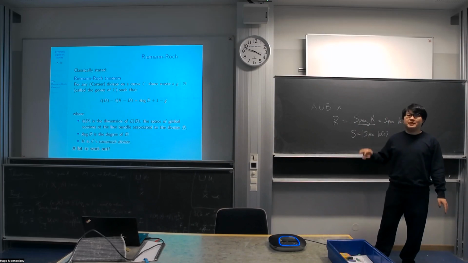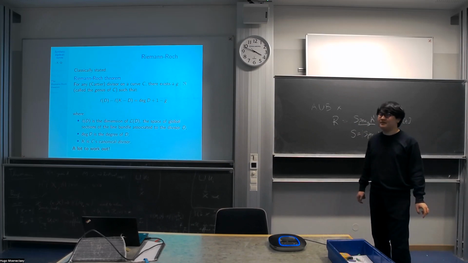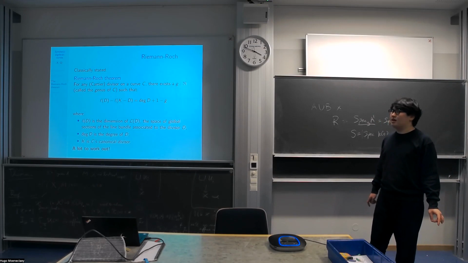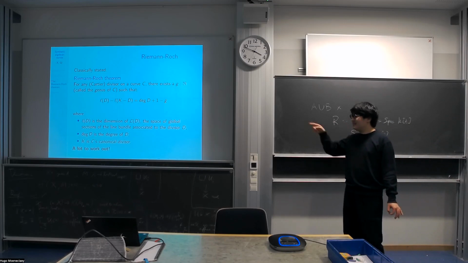So let's go to the statement of Riemann-Roch theorem. Classically stated, it says for any Cartier divisor D on the curve C, there's a natural number G called the genus of C, such that this equation holds.